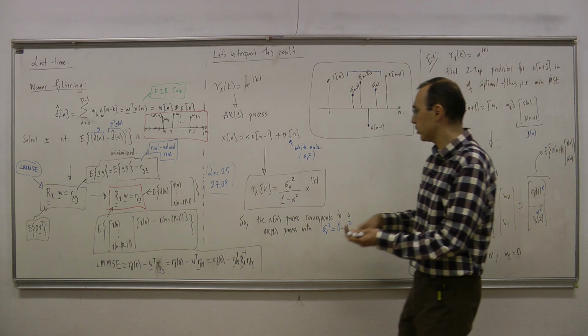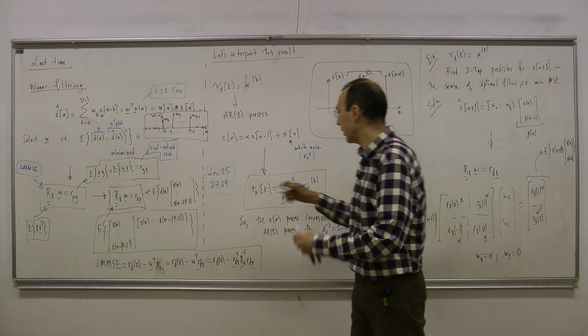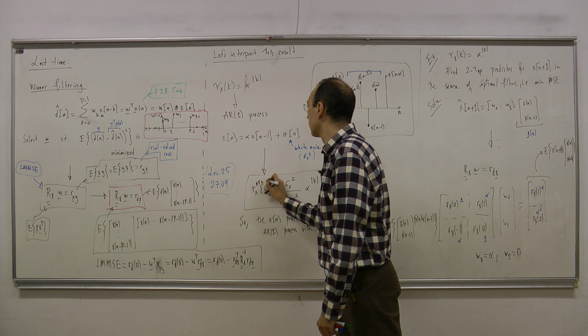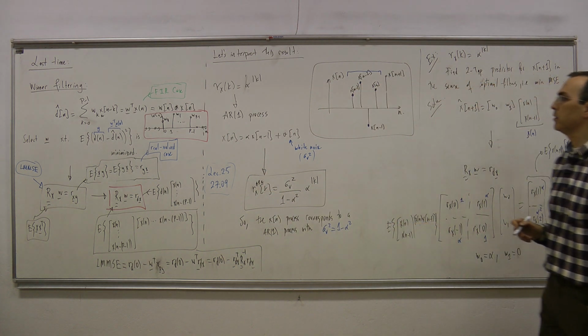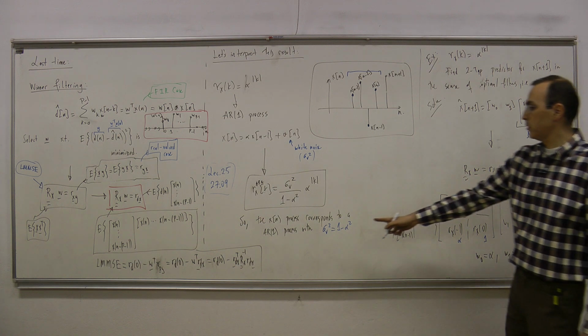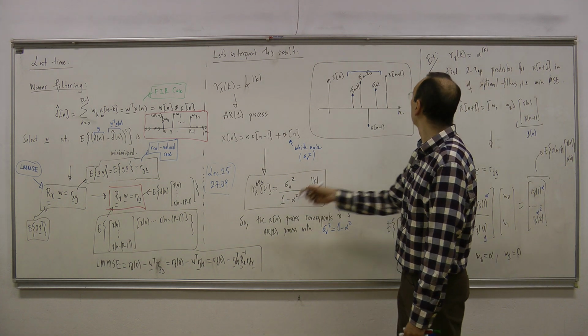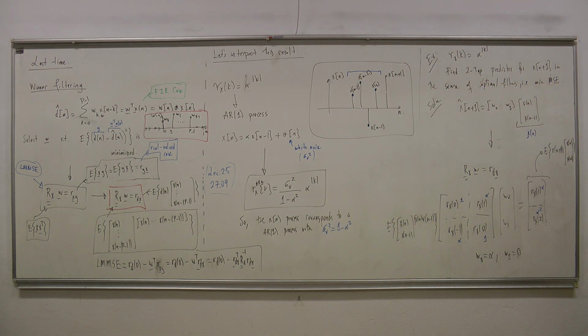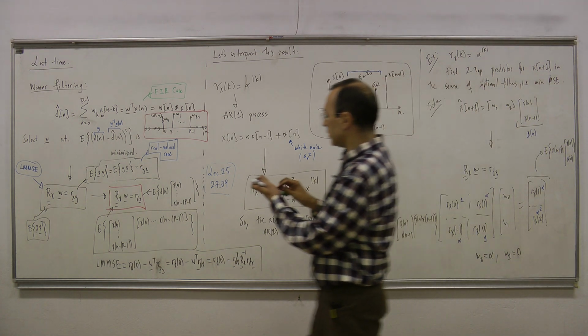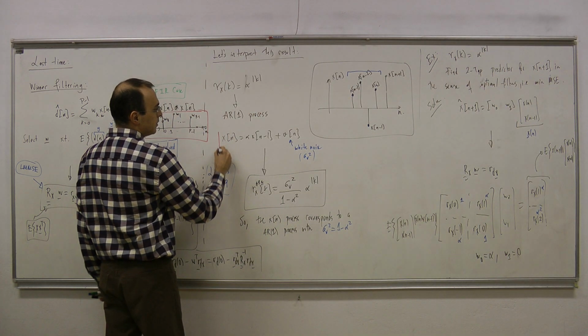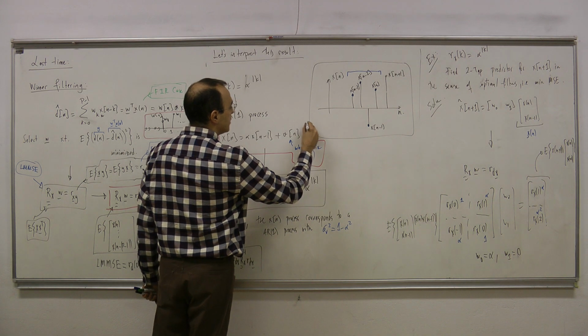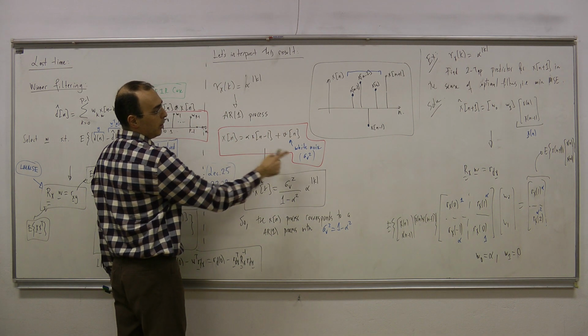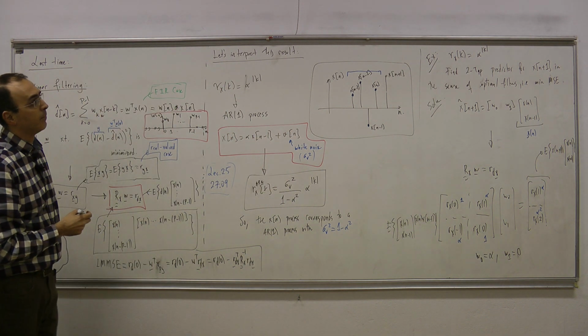Because there is this cancellation. If you have this, so this is like AR1. Okay, this is the AR1 process. So if you set this sigma v square according to this, you have exactly this. So this x of n process is indeed then generated by something like this, with a specific alpha value and sigma v square value.